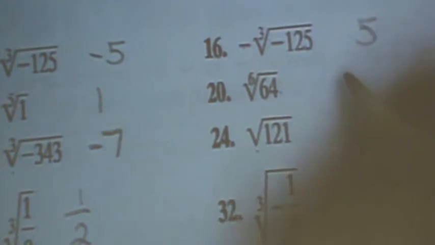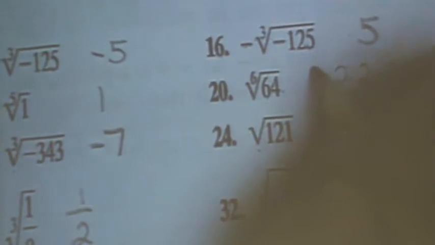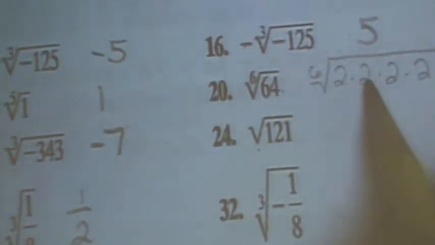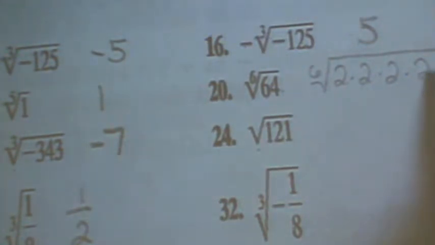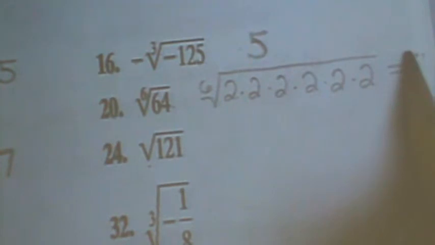My guess is it's 2. Let's check it out. 2 times 2 is 4, times 2 is 8, times 2 is 16, 32, and 64. The answer is 2.